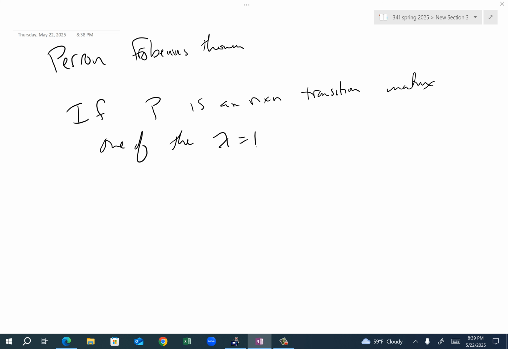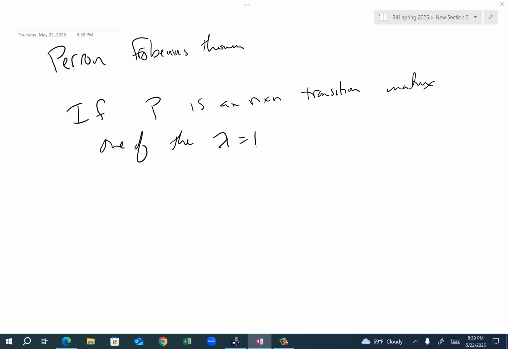Suppose you had again a transition matrix, and P is regular. Regular simply means it's a square matrix where some power of it is positive. So keep this in mind. This guy right here is not a transition matrix, but it is regular. So some power of it is positive. Two things must be true here. Number one, the lambdas are all less than or equal to 1.